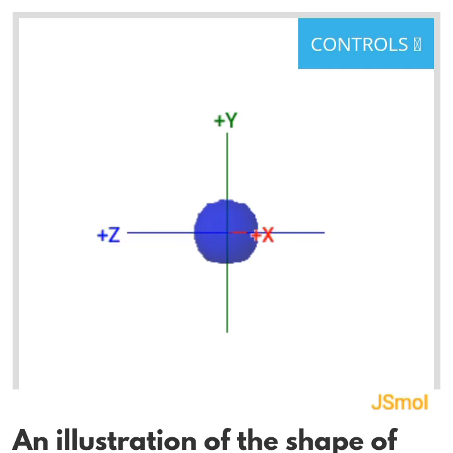If the distribution of electron is symmetrical and spherical around the nucleus, then this is called the s orbital.